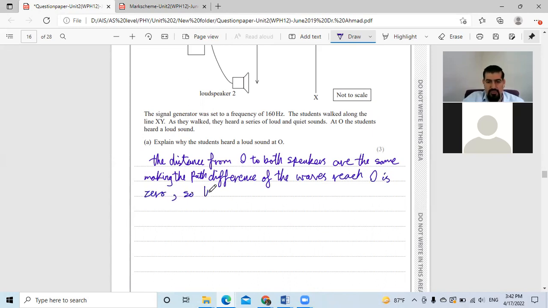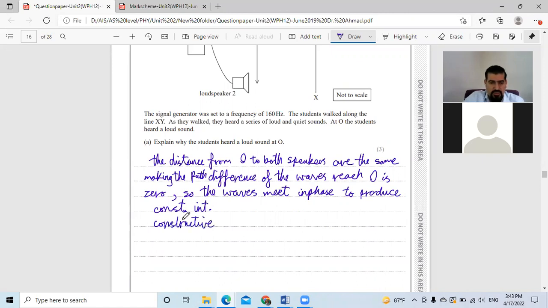So the waves meet in phase to produce constructive interference. Of course, you have to write constructive interference properly.